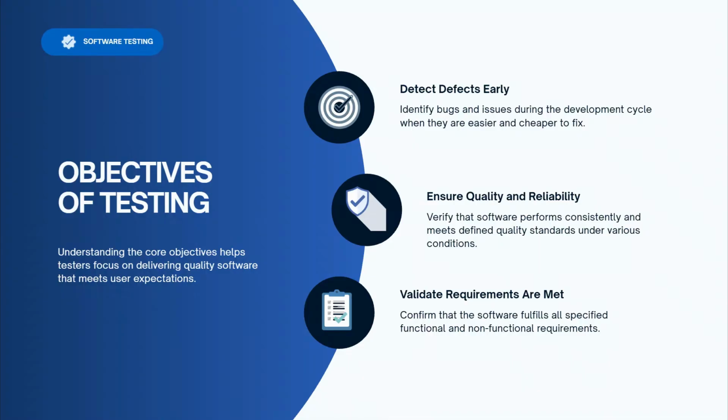Ensure quality and reliability. Ensure that it is a very reliable application and is not compromising on quality. If you are logging in and logging out twice or thrice and it is crashing, then it is not a reliable or quality application, right?